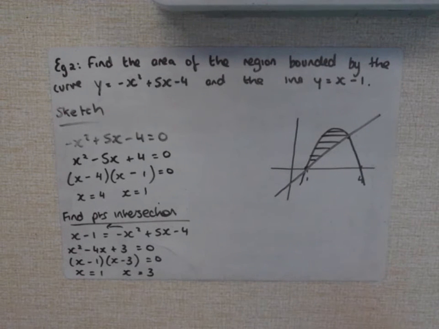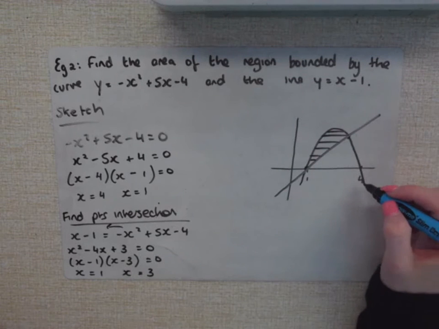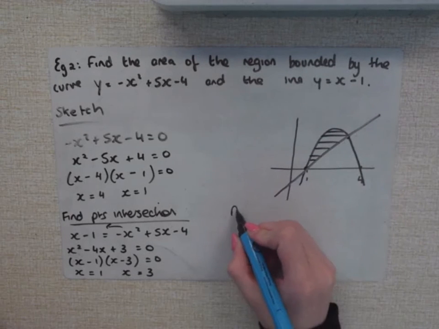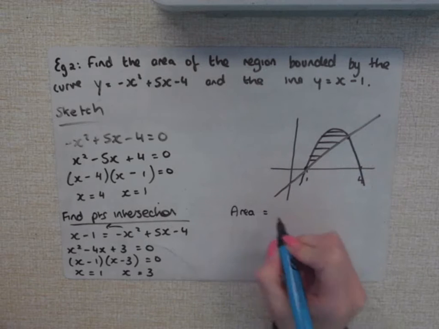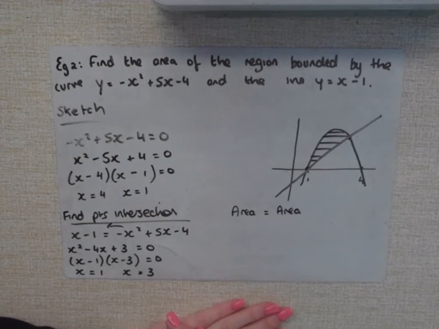So we know when we integrate, we get the area underneath a curve or underneath a line. So this one here is my quadratic, this one here is my line. How am I going to get the area? The area of what minus the area of what?